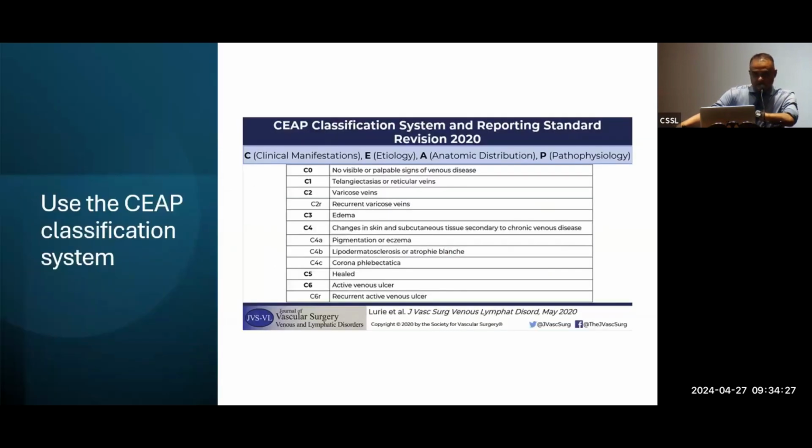As trainees, as well as clinicians now, we should really start practicing and describing varicose veins in the CEAP classification rather than just saying mild varicose veins or severe varicose veins. That's very vague. What is severe to you may not be severe to me, or what is mild to us may not be mild to the patient. So we should have a uniform, across the board way of describing varicose veins.